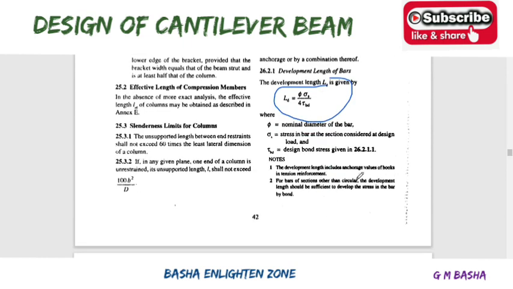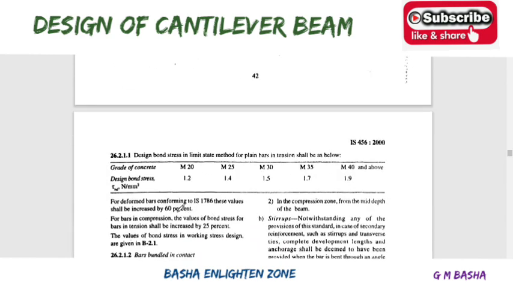The development length includes the anchorage value of hooks in tension reinforcement. Again, they have given one condition: the tau_bd for M20 grade concrete will be 1.2. And for deformed bars conforming to IS 1786, these values shall be increased by 60%. So increased by 60% means 100 plus 60, that is 1.6 times.